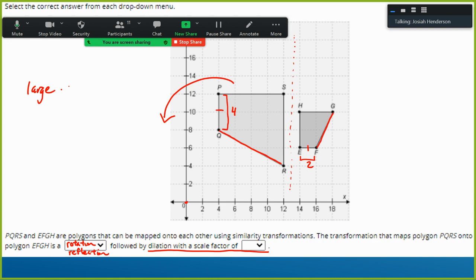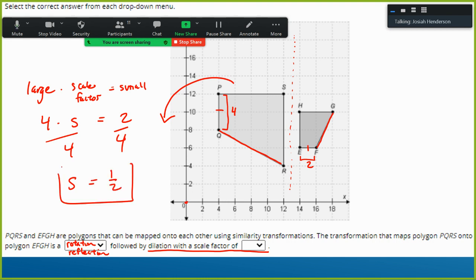So large figure times scale factor gives me the small figure. So that means 4 times S is 2. So scale factor is 1/2, 2/4, 1/2.